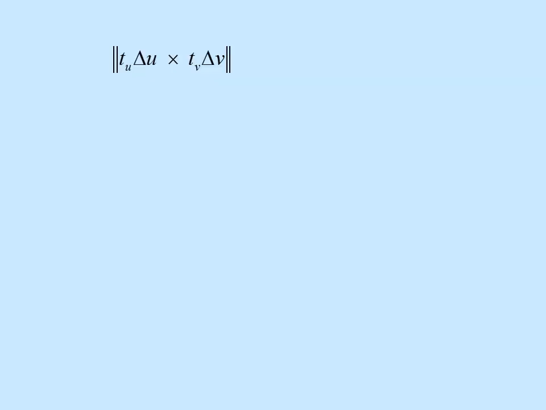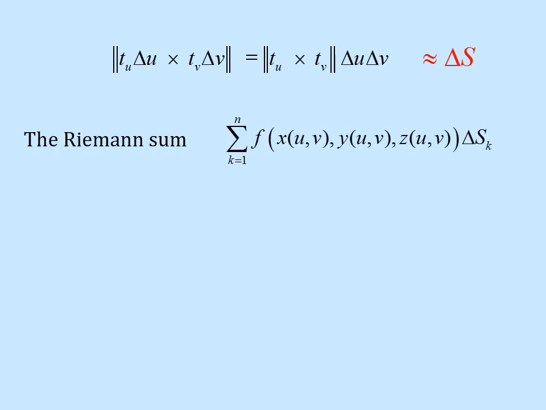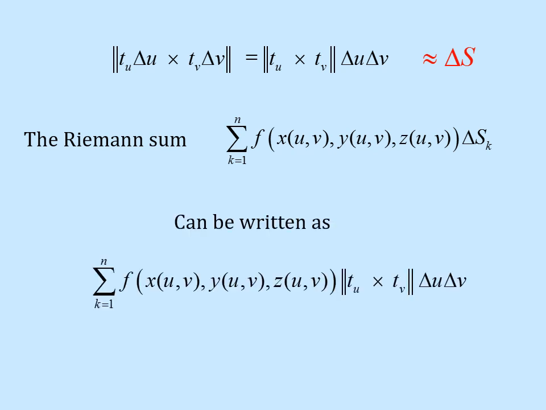Using the properties of vectors, we can write the magnitude of that cross product as the magnitude of tu cross tv times delta u times delta v outside of the magnitude bars. So here is what we will refer to delta S as. And so we can write our Riemann sum as this.